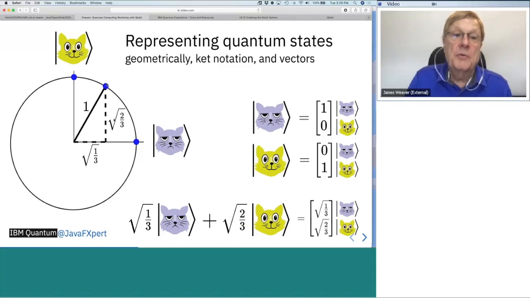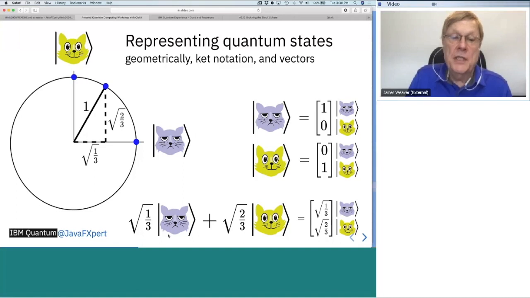So I can represent my cat in the quantum world, quantum mechanically, with the root of 1/3 grumpy here and the root of 2/3 happy. I can also represent them in this notation that Dr. Paul Dirac invented years ago, that physicists like to use, where I can put those coefficients or those amplitudes, as physicists say, in front of this cat here, inside of this notation called a ket.